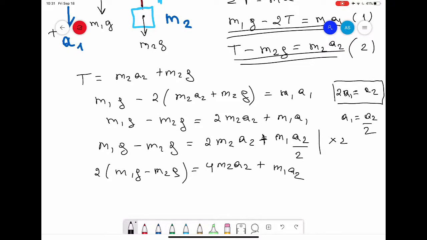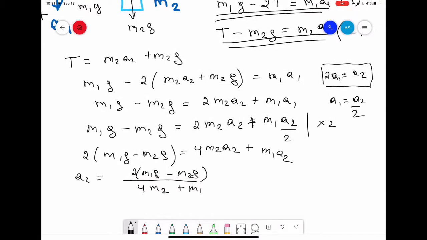Okay, then you can find basically just A2 here. What will be the acceleration A2, which is equal to 2M1G minus M2G divided by 4M2 plus M1.